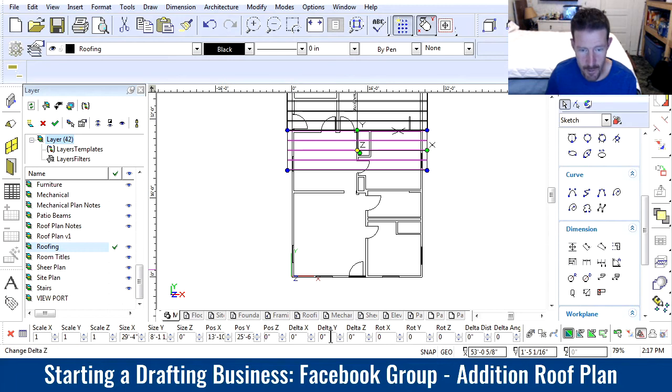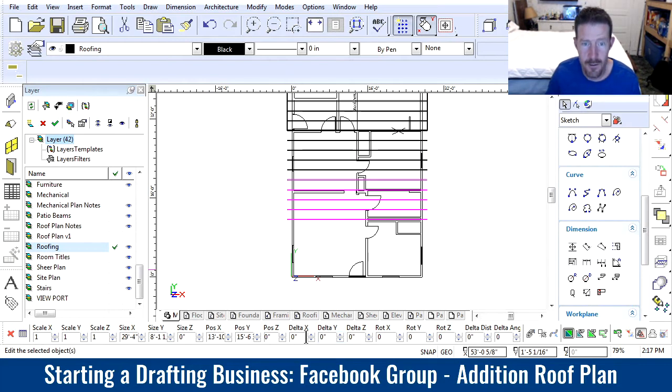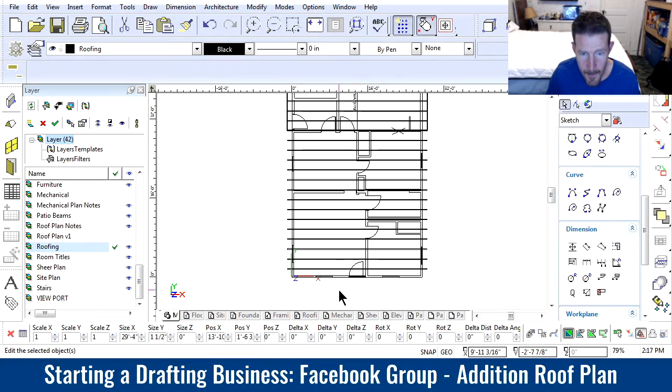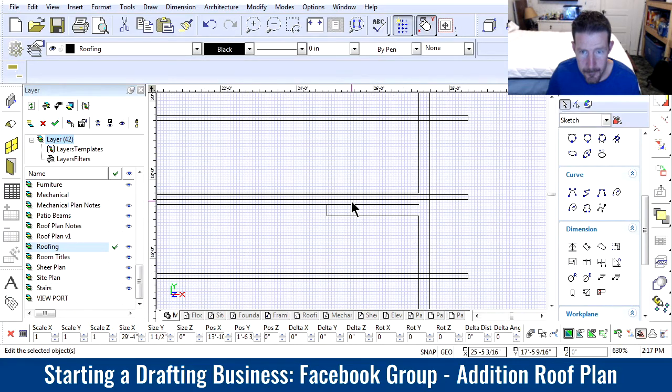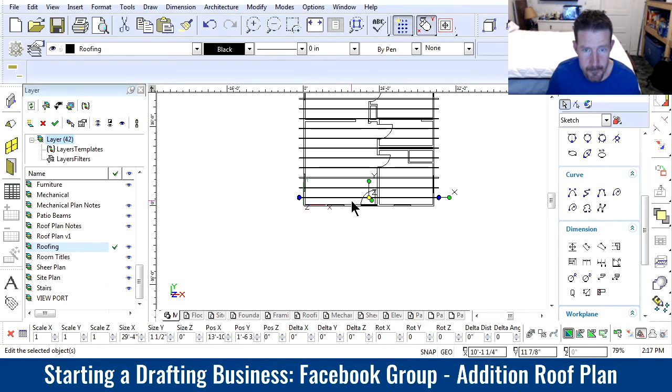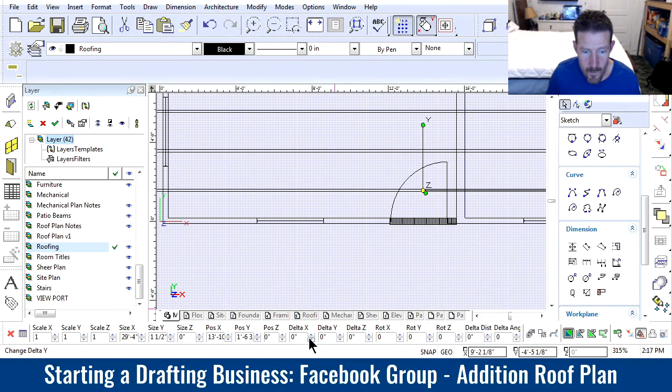Let's see, delta y. Delta y is negative 10 feet. I think I did that right. Negative 10 feet. And then just one more. Negative 2 feet.